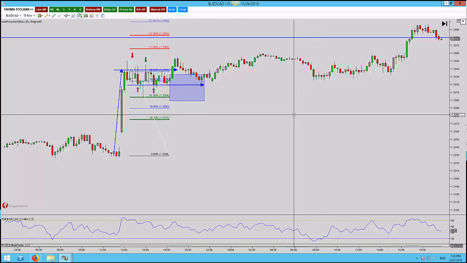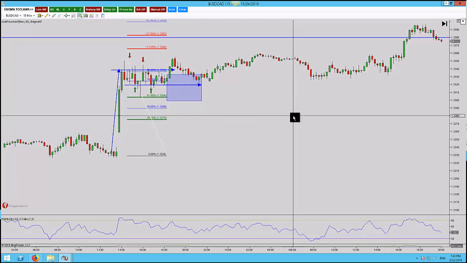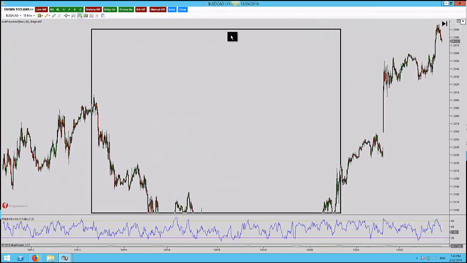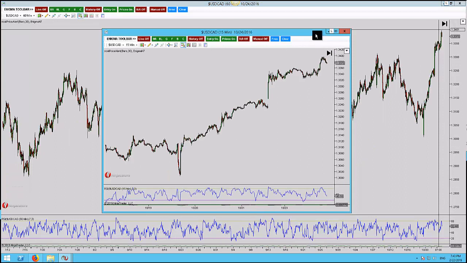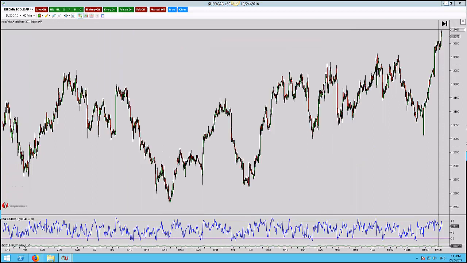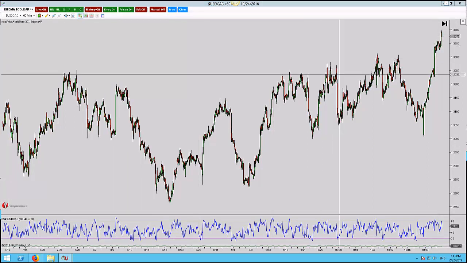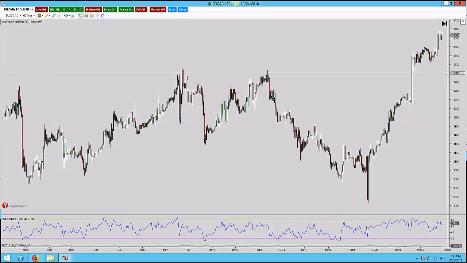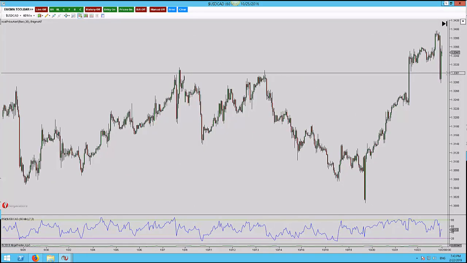Okay, let's delete that information off, and we will move the 15 back to its rightful place, and let's carry on with the 60-minute. Okay, we've had quite a big drop here on the 4-hour and on the 60.